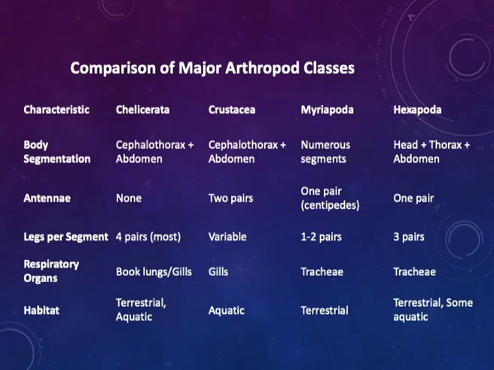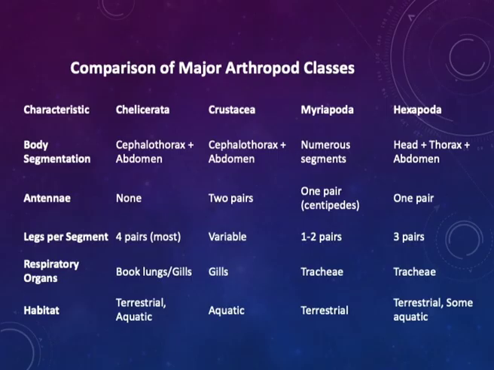Now coming to respiratory organs, how the respiratory organs are present. In Chelicerata, book lungs and also gills are present. For example, the horseshoe crab is an aquatic animal that breathes with book lungs and gills.